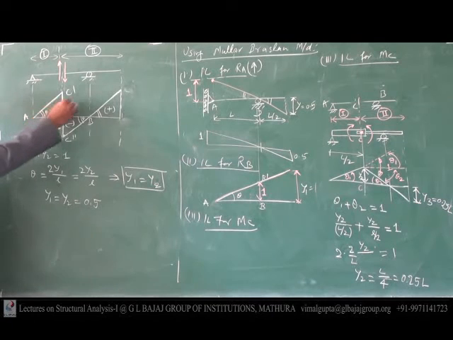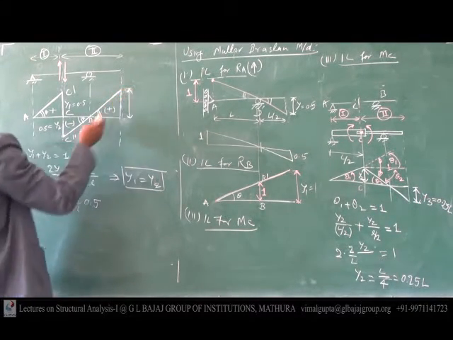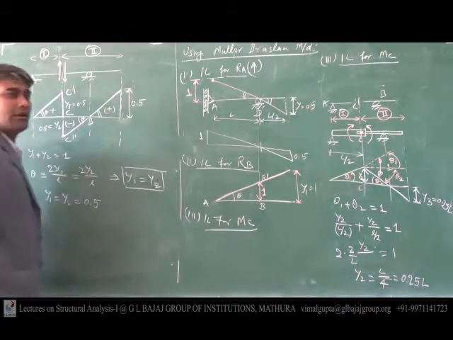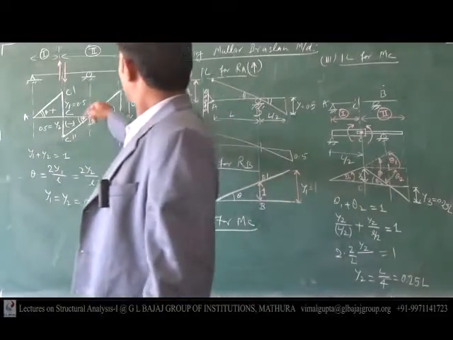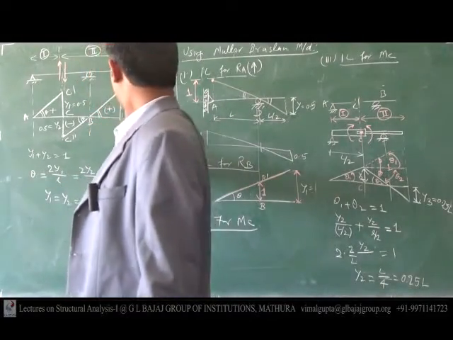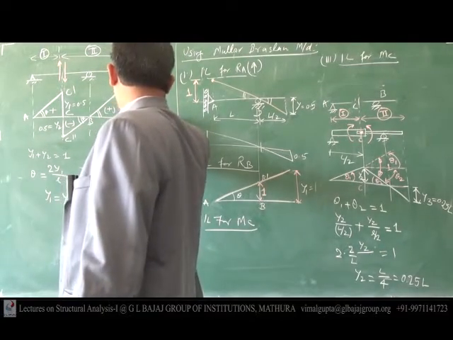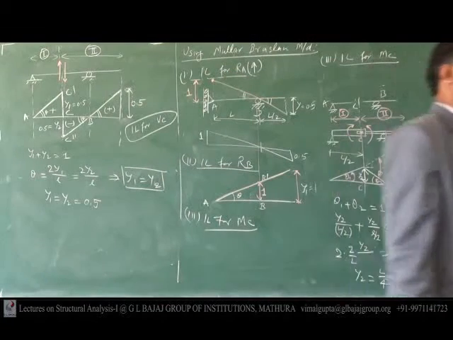So both have the same value, 0.5 and 0.5. If this value is 0.5, then what will be that value? Since it is L by 2, it will also have the same value. So this is the IL for VC, the IL for shear force at C.